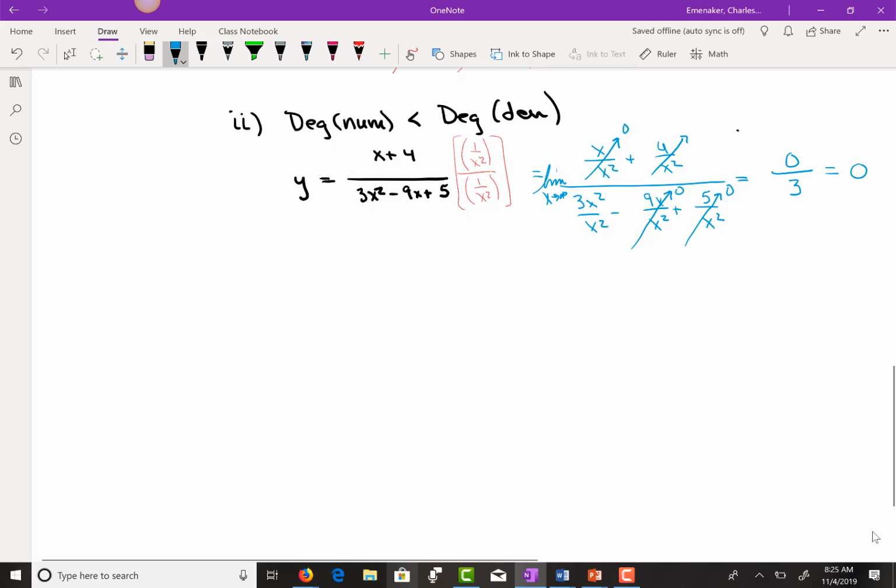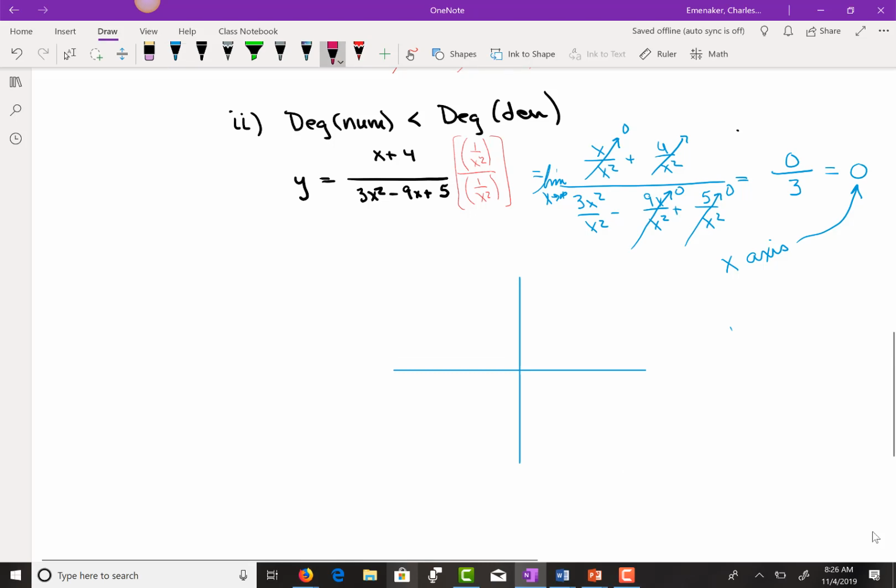What does y equals 0 look like on the graph? It's the x-axis, isn't it? Okay. This is going to be the x-axis. This function can have roots. This function can have points at which it crosses the x-axis.